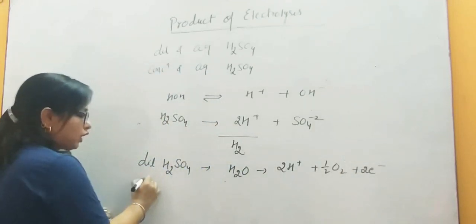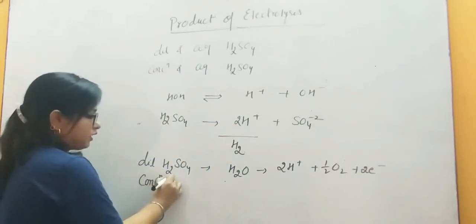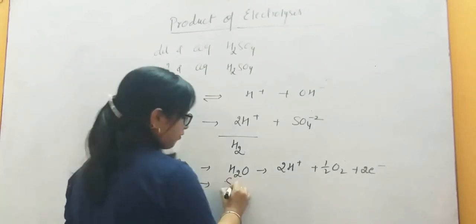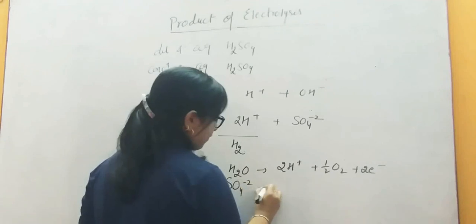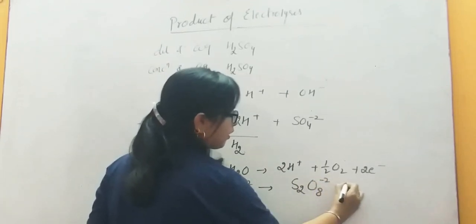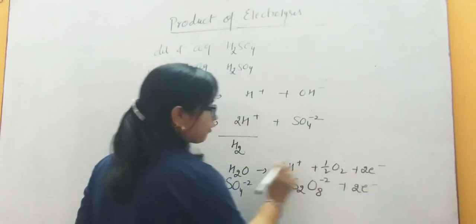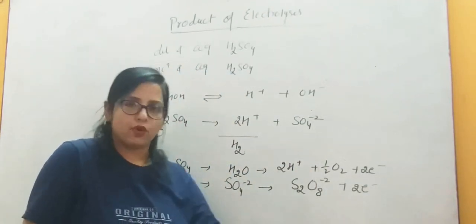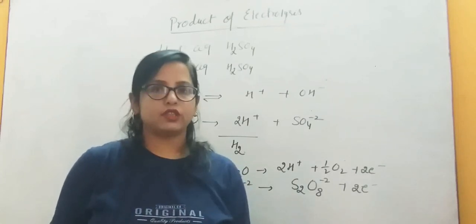But if the solution is concentrated, meaning it contains more sulfate ions, it makes thiosulfate ion by removal of 2 electrons. So it depends on which kind of solution you have, a dilute solution or a concentrated solution.